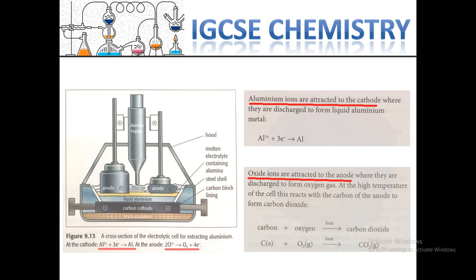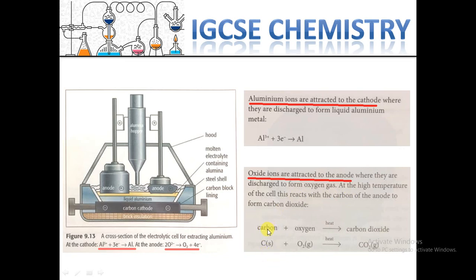The second reaction is that oxide ions are attracted to the anodes. Here you can see two parts which are anodes, where they discharge to form oxygen gas. At the high temperature of the cell, this reacts.